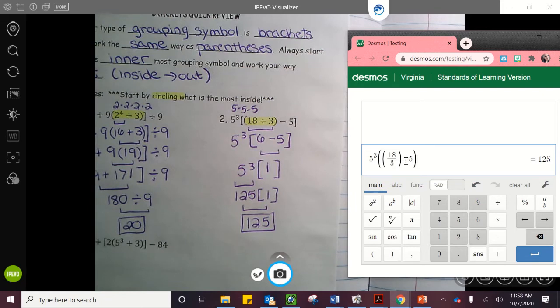And sometimes you have to click outside of the exponent or outside of the denominator in order to put the values in the calculator correctly. But you'll see I ended up with 125 the same way. I just had to be careful again about where I was typing and maybe clicking out of the denominator or clicking out of the exponent if necessary.